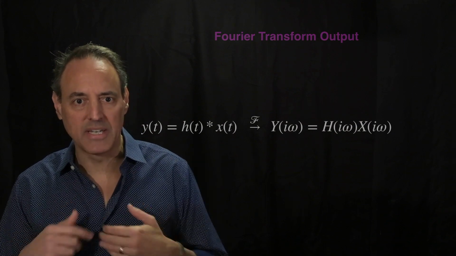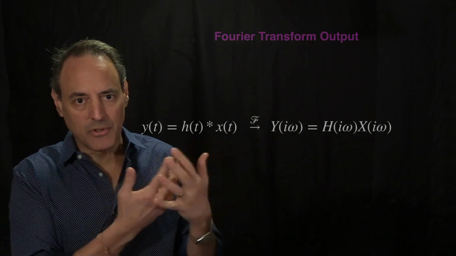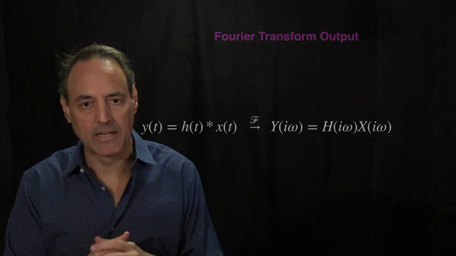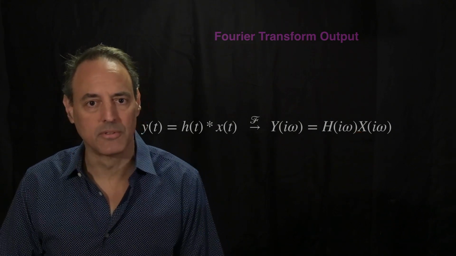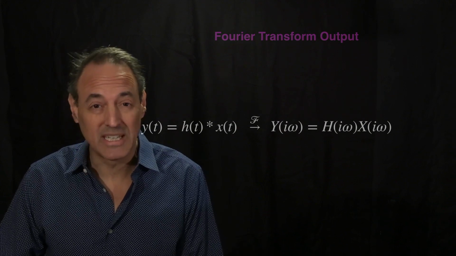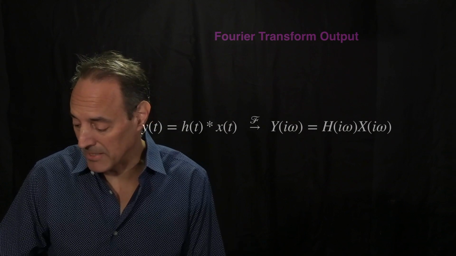Because now it's a simple manipulation. In the Fourier domain, it's really trivial to think about how the response and the signal interact. It's just a product of their Fourier transforms. So it's a really nice representation, used all the time because it's very easy to compute the Fourier transforms, and then obviously multiplication is a pretty simple task as well.